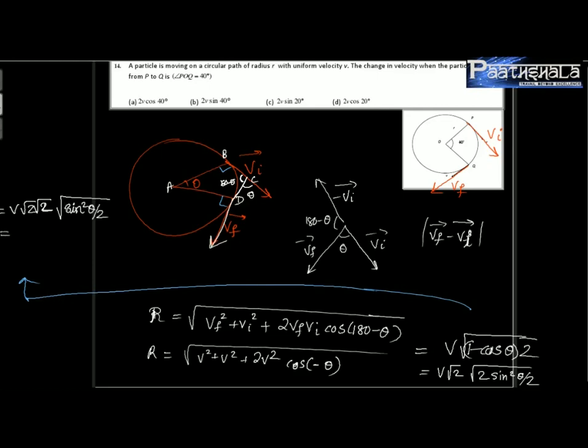So that is equal to 2V sine of theta by 2. It is advisable from the perspective of learning circular motion well to actually memorize this result. So 2V sine of theta by 2 comes out to be 2V sine of 40 by 2. So 2V sine 20. So this is the answer. C.